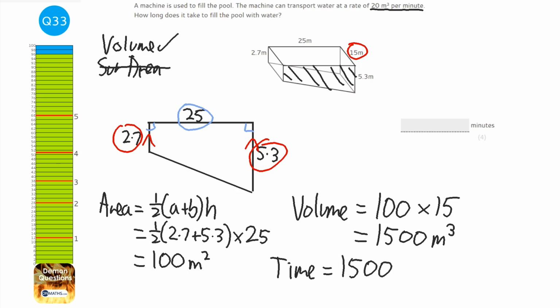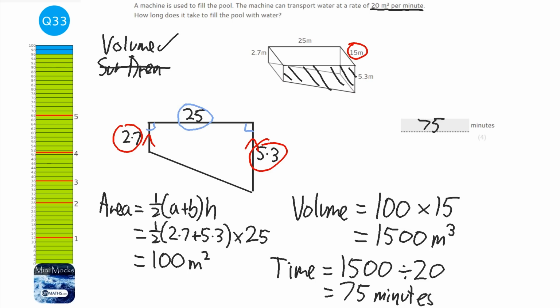So this is how much it's got to fill, and this is how much it does per minute. So on the calculator, 1,500 divided by 20, which equals 75 minutes. So it's going to take 75 minutes to fill the pool.